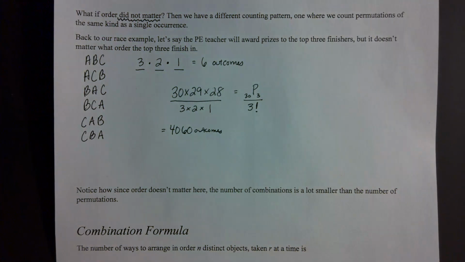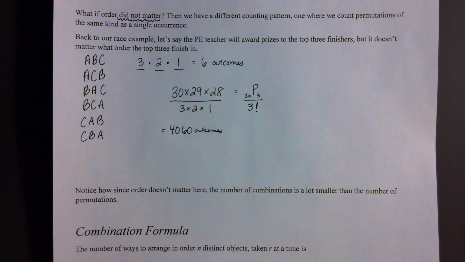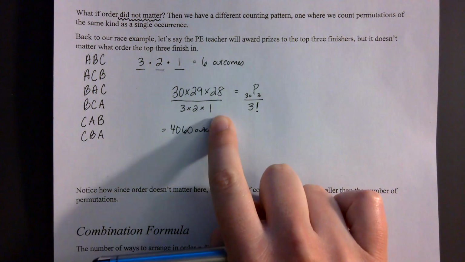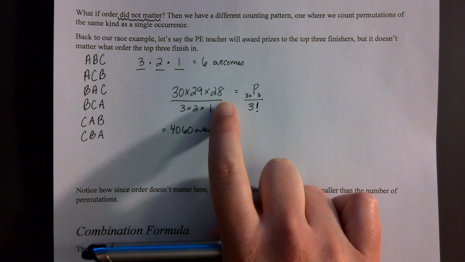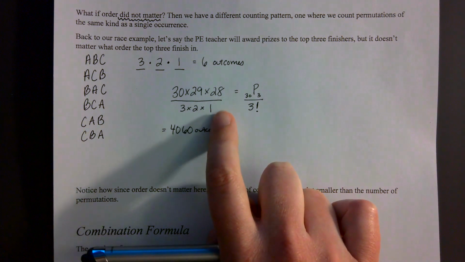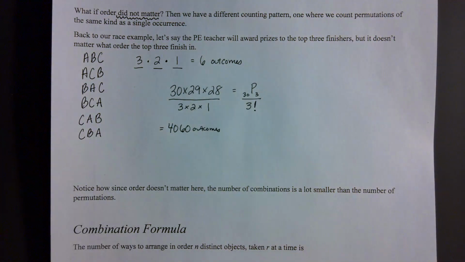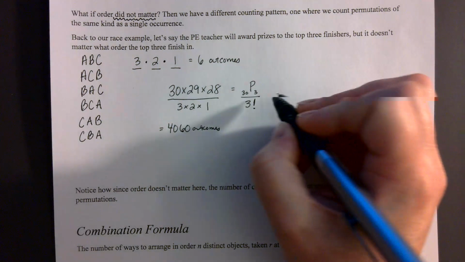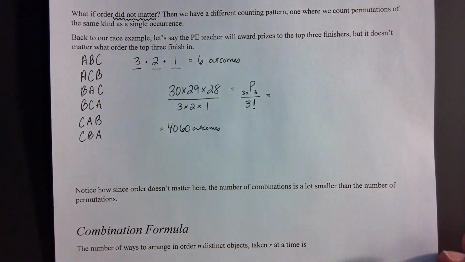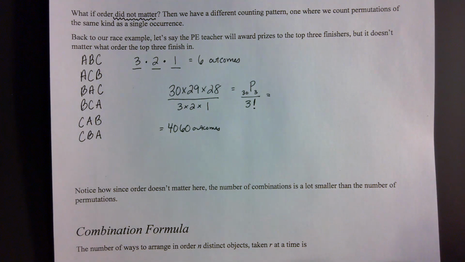But I want to break down this guy right here to try to get our formula from here, because I know some of you want to use formulas. I like using just this, taking my permutation and then dividing out my repeats, which is just 6 factorial, or 3 factorial. So when we're taking a look at this, where our permutation came from, remember our formula for permutation.